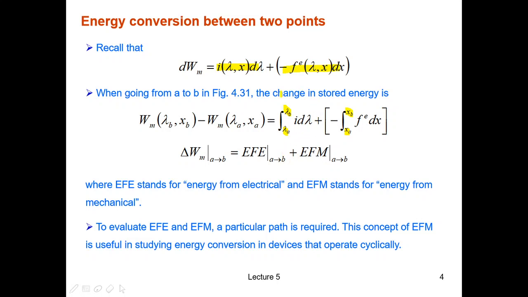Okay, so this integration is simply now defined as EFE from A to B, energy from electrical. And this will be denoted as EFM, which is the energy from mechanical, and we're going from A to B. Okay, we need a particular path to calculate those values.